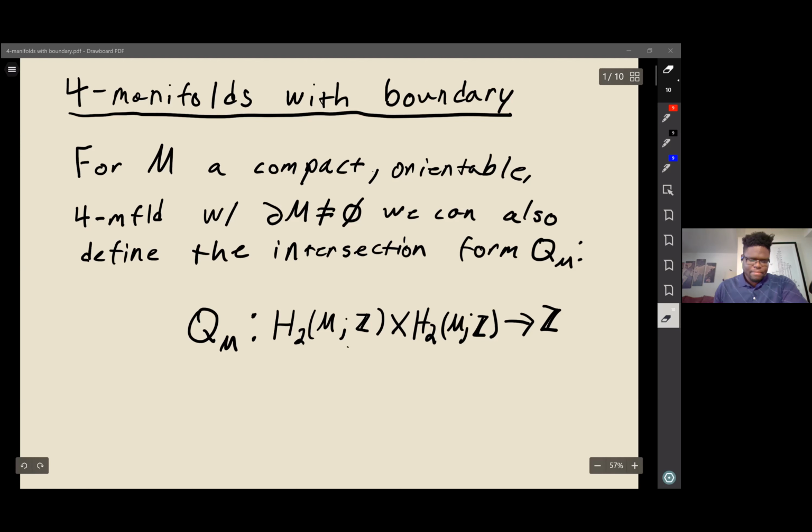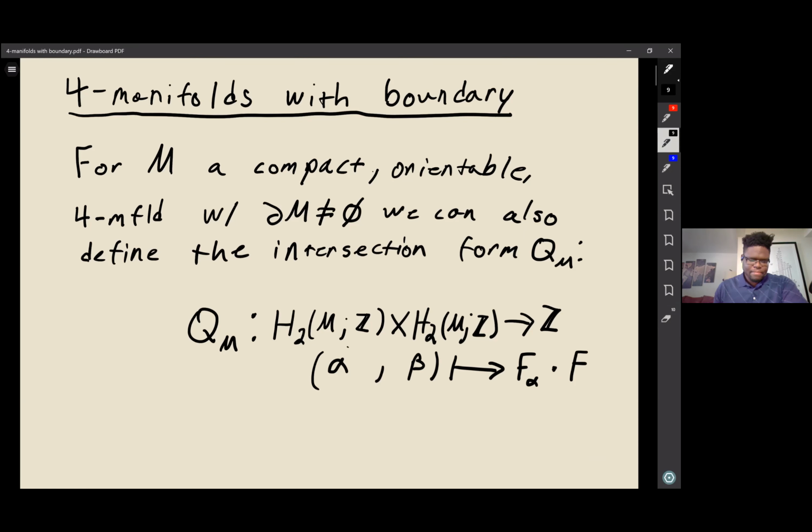And the way that it's defined here, as in the case with closed four manifolds, is if we have two homology classes alpha and beta, we'll find surfaces that represent them. We'll find smooth embedded surfaces that represent them and perturb them so that they are transversely intersecting, and we'll take their algebraic intersection number, and that's how we'll define this form.